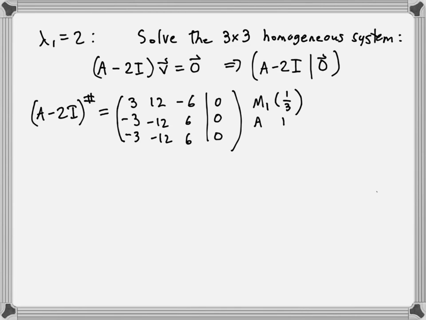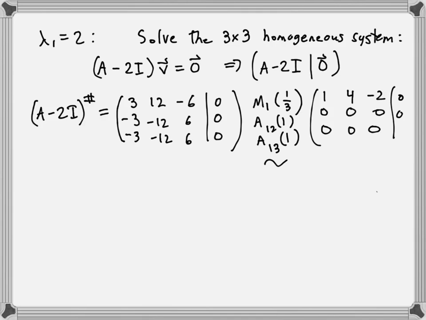So I'm going to add 1 times row 1 to row 2, and also add 1 times row 1 to row 3. If we do that, we get the following. Multiply that by 1/3: 1, 4, -2, and then everything else is a 0, right? So this is what we're looking at.